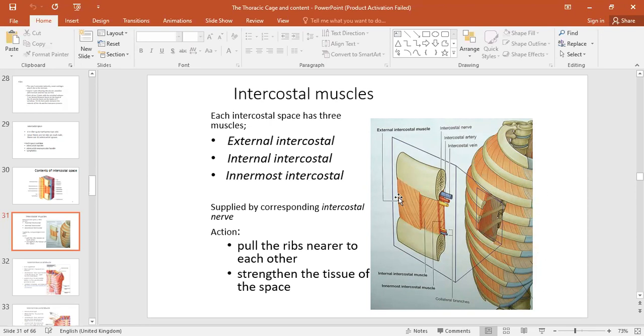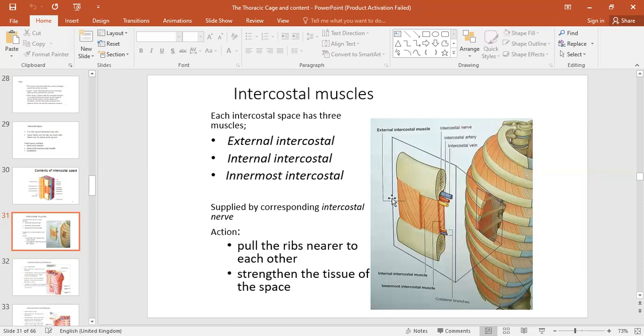So that is their orientation: superior to inferior, and posterior to anterior. That's how the fibers are moving.